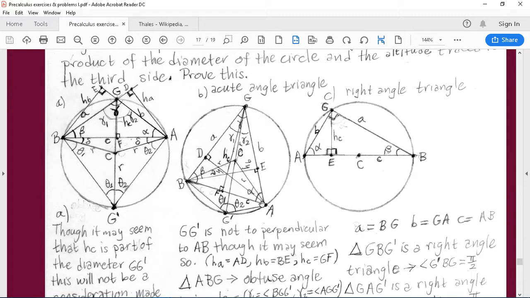And for triangles ADG and only for that triangle we had that the sine of gamma was equal to HA over B.